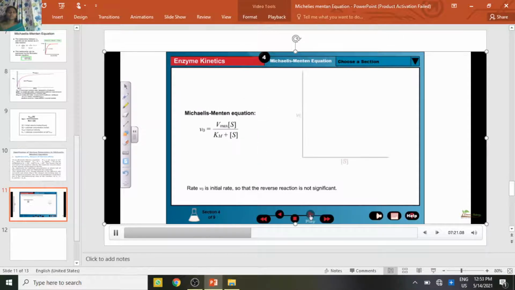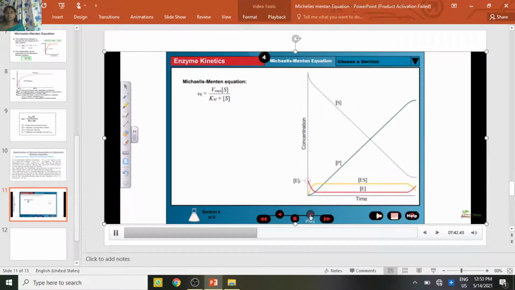The Michaelis-Menten Equation and its hyperbolic graph describe how the reaction rate varies with substrate concentration for a one-substrate reaction. It is important to note that despite the similarities in shape, this graph is not a graph of the concentration of product forming over time.